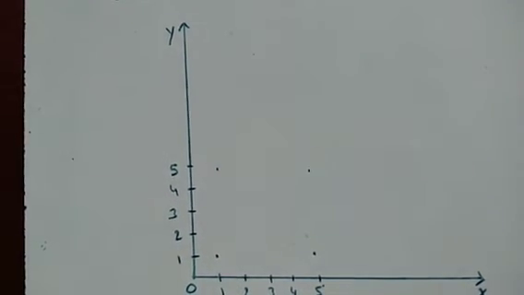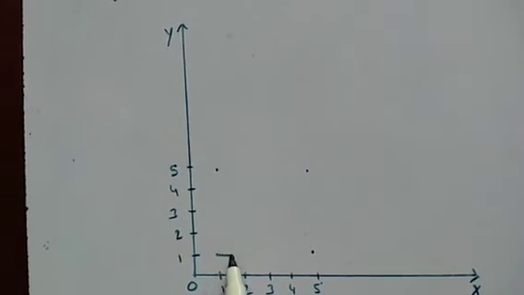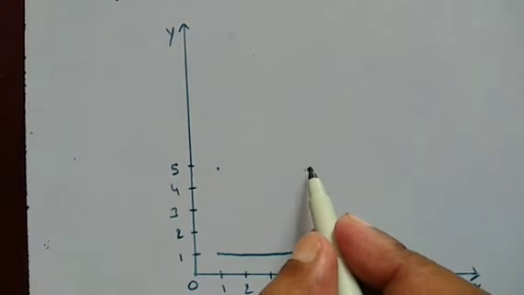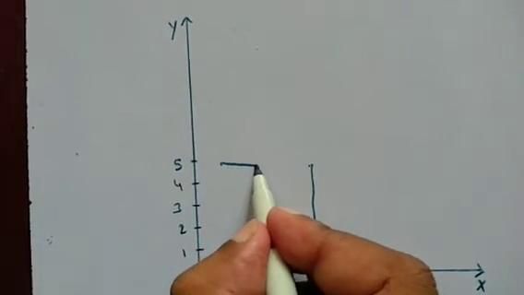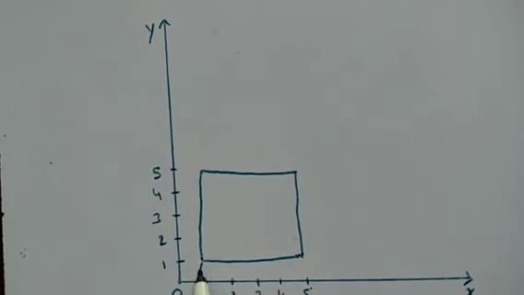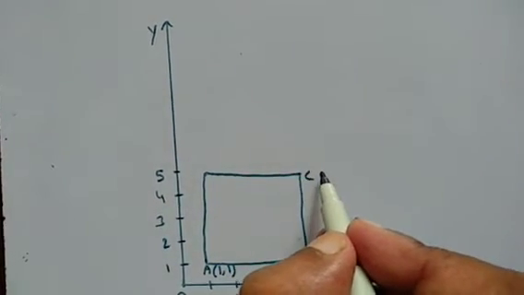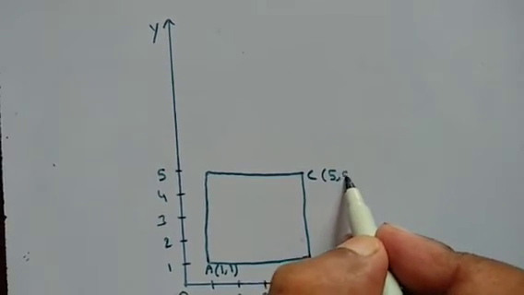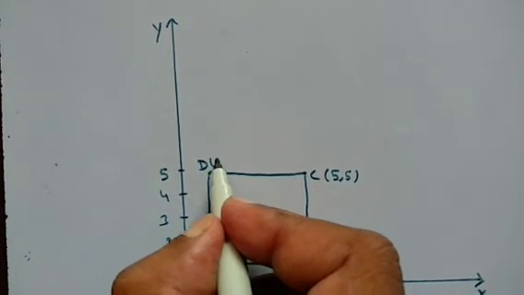Now we join all the points with a straight line, like this. This is point A (1, 1), point B (5, 1), point C (5, 5) and point D (1, 5).